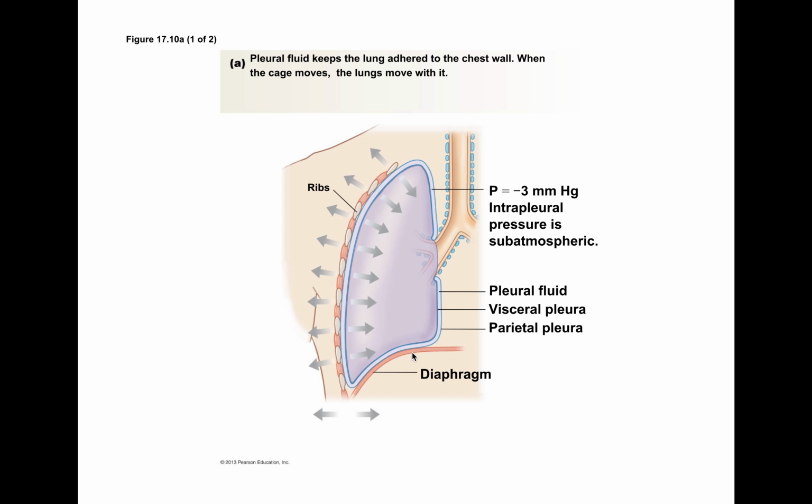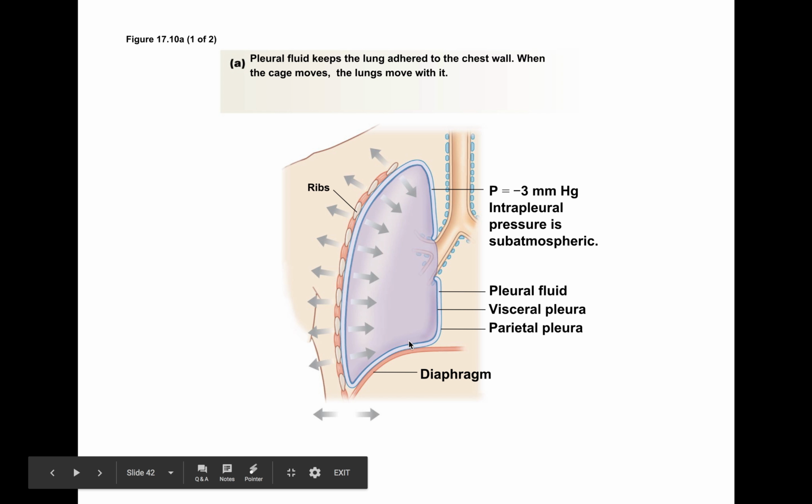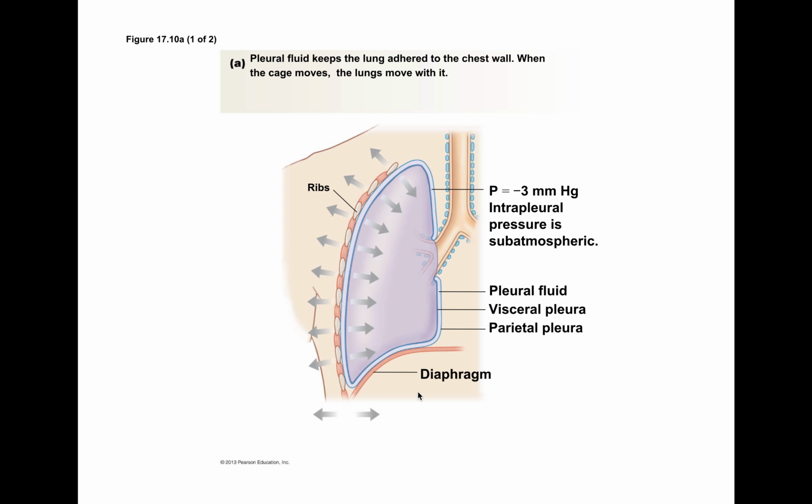If the diaphragm contracts and gets pulled down, the lungs are going to get pulled down as well. So this is the way that we're going to generate our respiratory pressure gradient, by having these muscles contract and relax and using this pleural fluid to cause the lungs to get bigger and smaller.